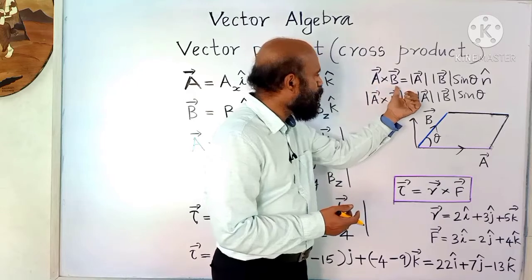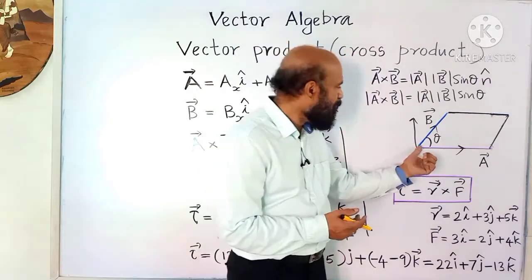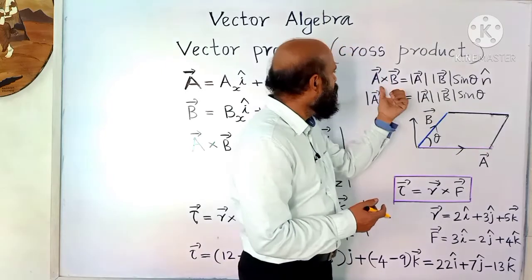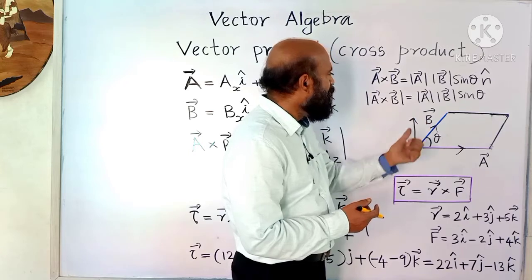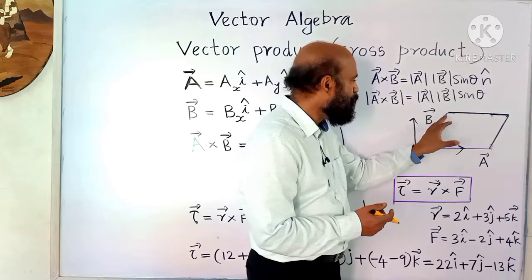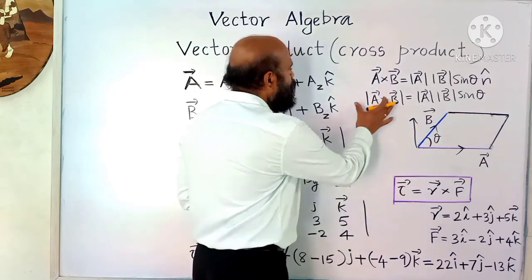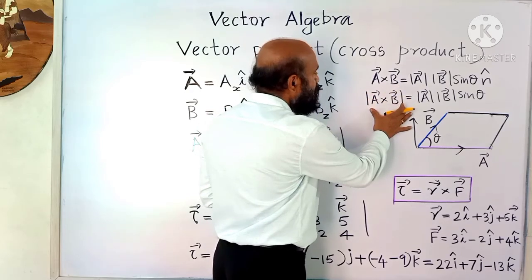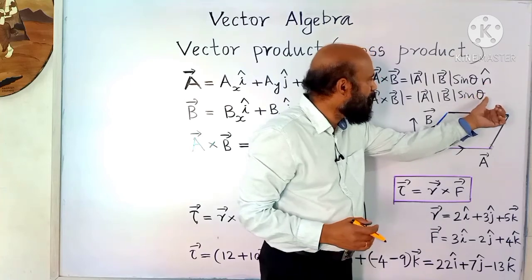Now A vector cross B vector, let us see the geometrical meaning. This is A vector, this is B vector. A cross B is a vector in this direction. It represents the vector area of this parallelogram. If you take the modulus of this vector, n cap is not needed, because n cap is to show the direction.